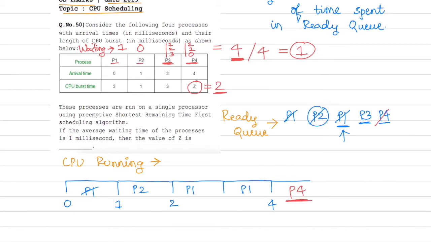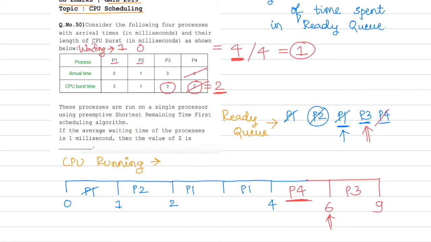It will run for 2 seconds, from 4 to 6, and at the 6th second P4 will go out of the system. Now at the 6th second we have only one process in the ready queue, which is P3. So P3 will get scheduled, and it has a burst time of 3 seconds, so it will run from 6 to 9.